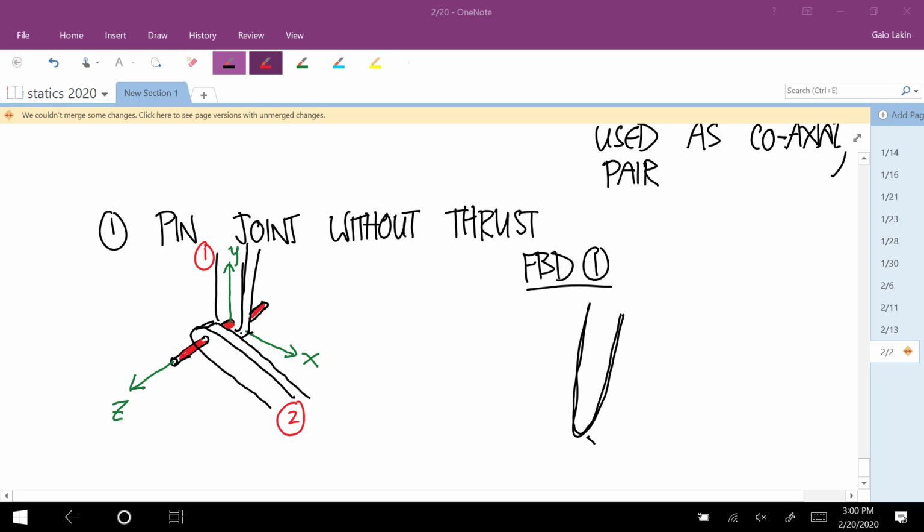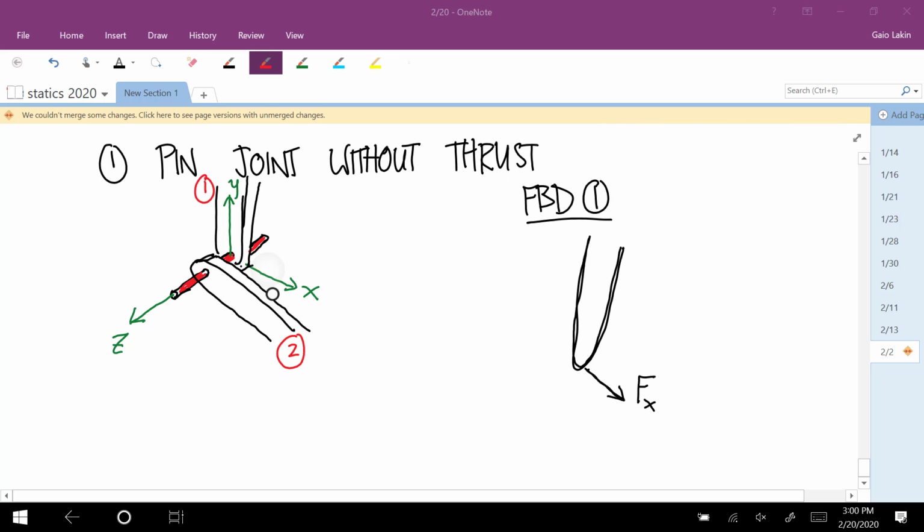Okay, there's a force vector in the x direction, a force vector in the y direction, none in the z direction. These two are perpendicular to each other.